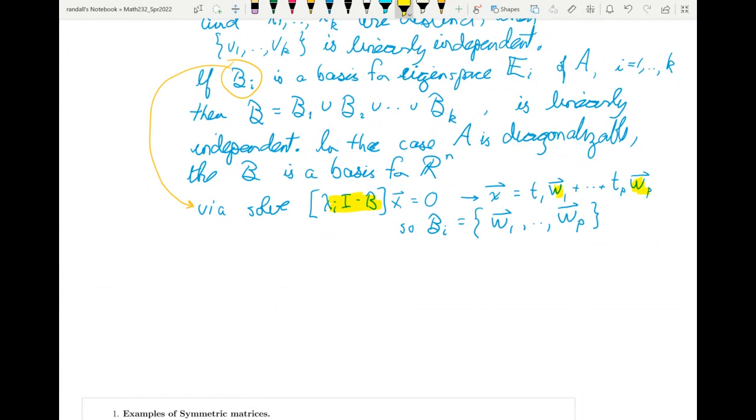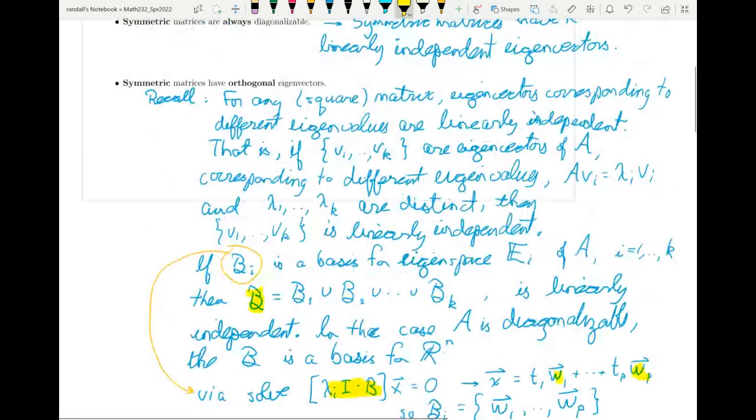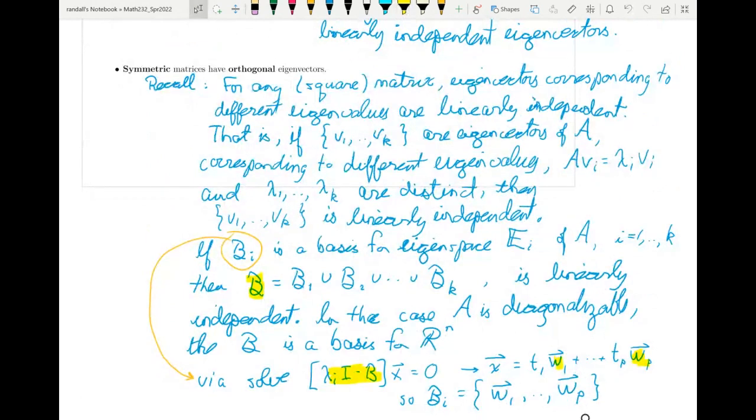If you were diagonalizing the matrix A, you'd string together these bases for each eigenspace, and you'd be assured that the complete string, which would be this script B here, would be linearly independent, and hence it would be a basis for Rn. So that was the situation for an arbitrary square matrix. Whether or not it's diagonalizable, eigenvectors corresponding to different eigenspaces will be linearly independent. And if it is diagonalizable, it just means that there are enough eigenvectors to form a basis.